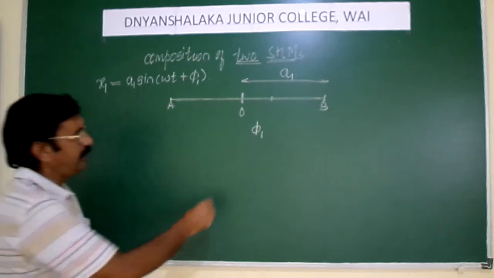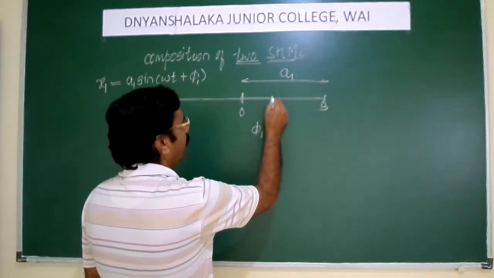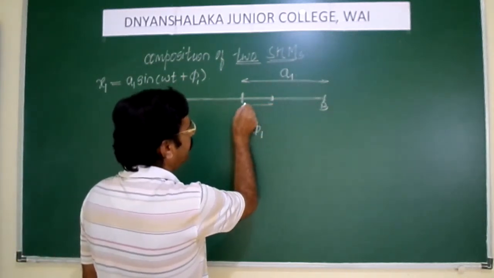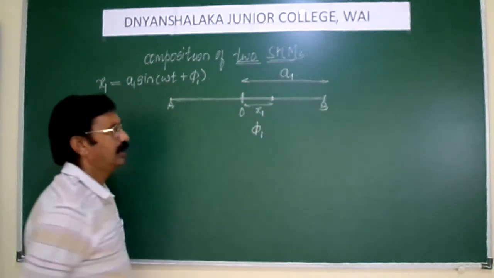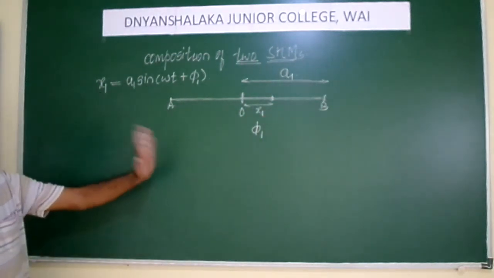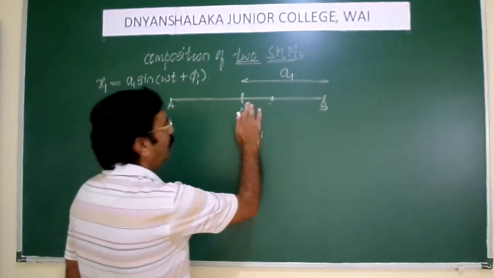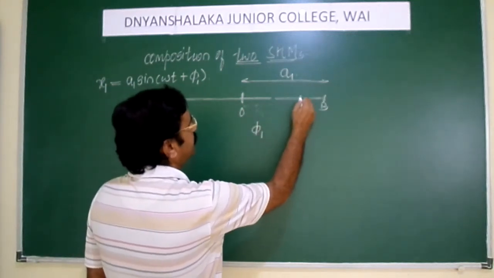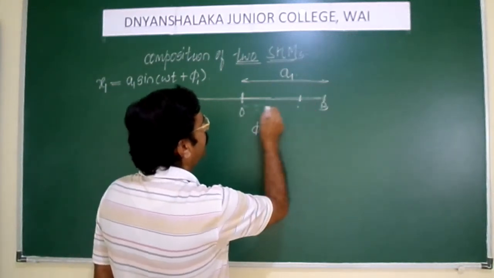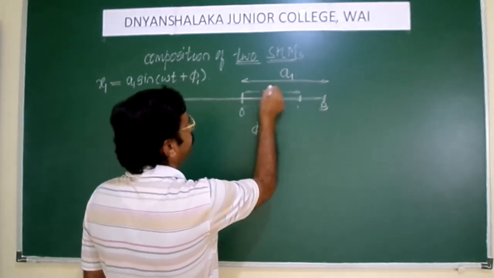Yes. Now in this case, the particle will be somewhere over here and its displacement is given as x1, or otherwise we will consider the position somewhere over as x1.